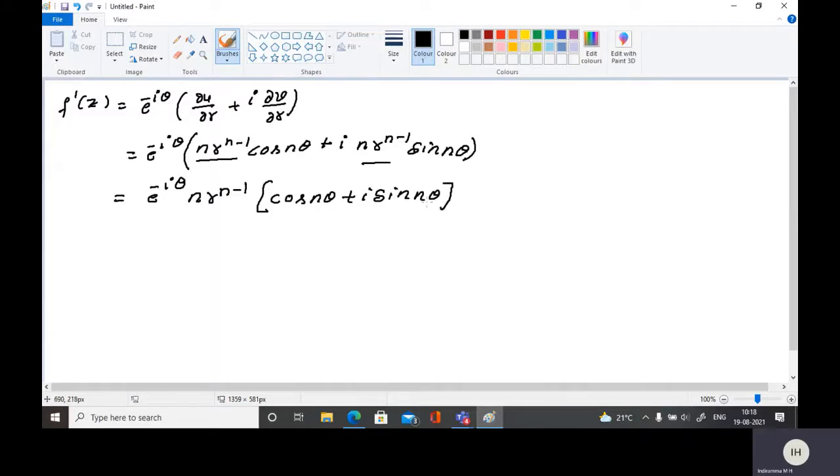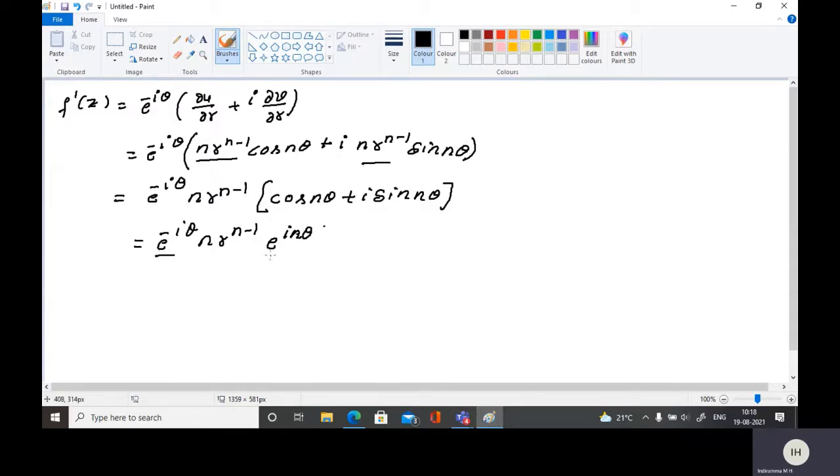As we know, cos nθ plus i sin nθ, what is cos nθ plus i sin nθ? It is e^(inθ), right? Here we have n, e^(inθ).